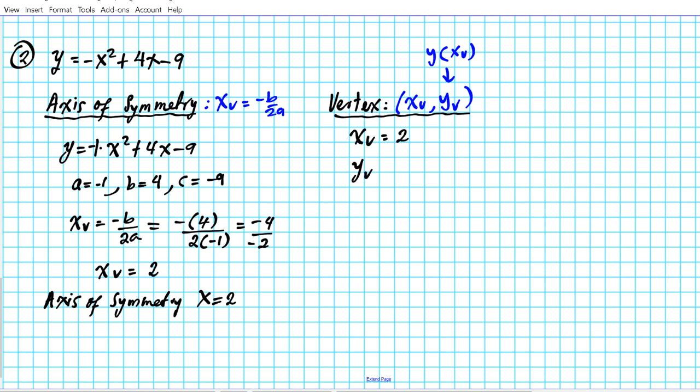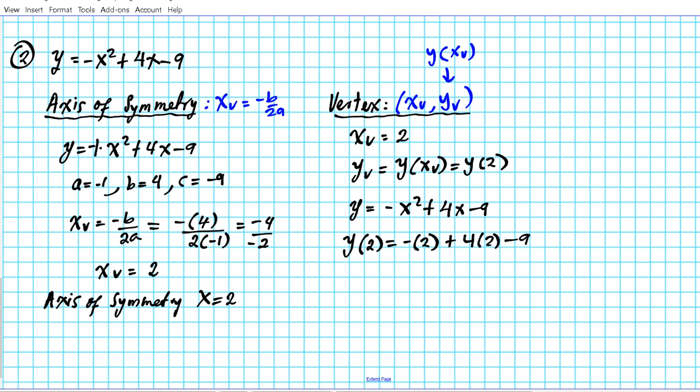To get the y-coordinate of the vertex, we're going to evaluate the function at the x-coordinate of the vertex, or basically y of 2. So let's rewrite our y so we know what's going where. Negative x squared plus 4x minus 9. Now we're going to plug in the x-coordinate of the vertex, which is 2, into all the x's. Okay, so you have that. So I took out all the x's and I replaced it with 2. That's basically what happens when you're evaluating a function at a particular x value.